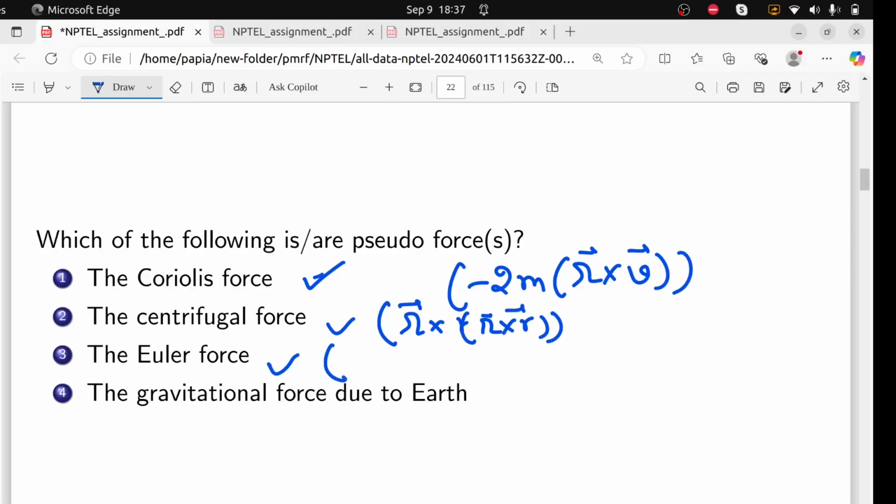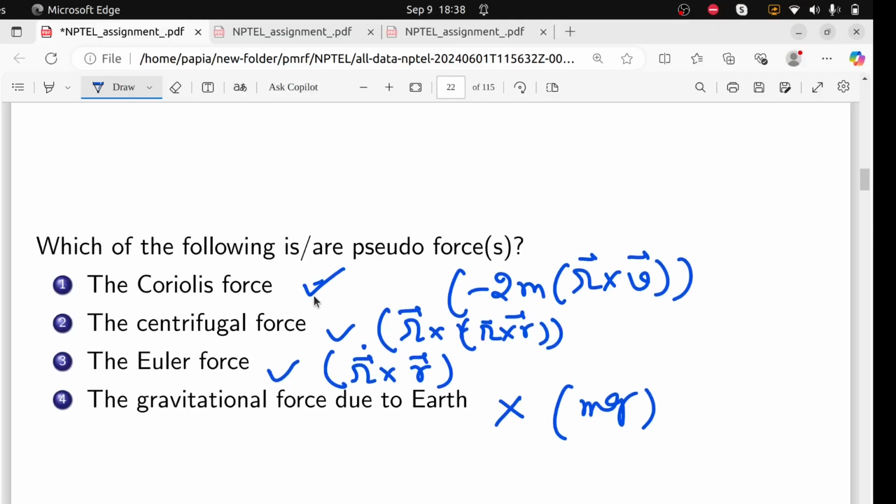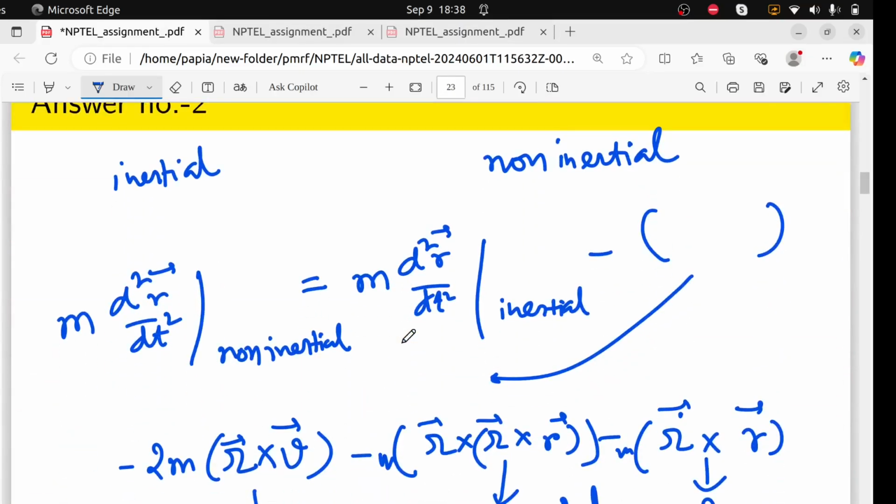Then the Euler force is also fine, which is ω dot cross r. And gravitational force due to earth is obviously not a pseudo force, because it is mg, and you are all going to experience that one, so it is not a pseudo force. So for this question, the Coriolis force, centrifugal force and Euler force are the pseudo forces.